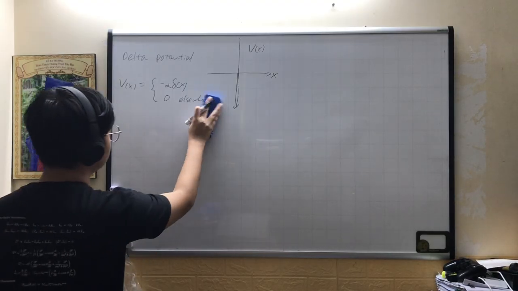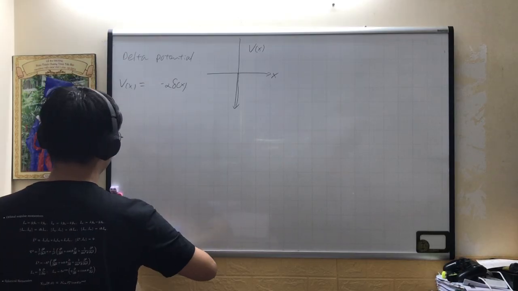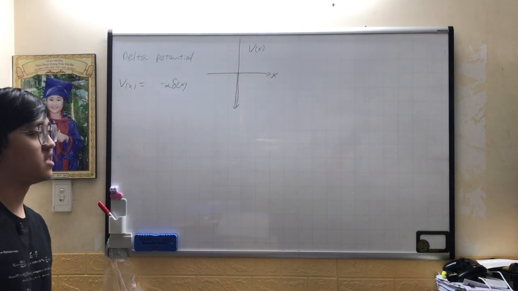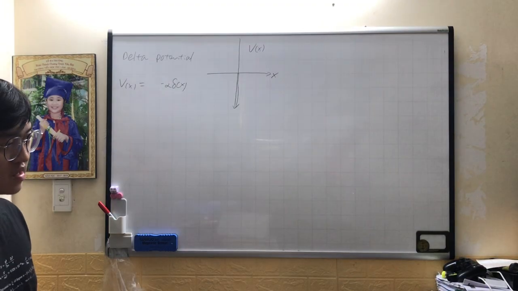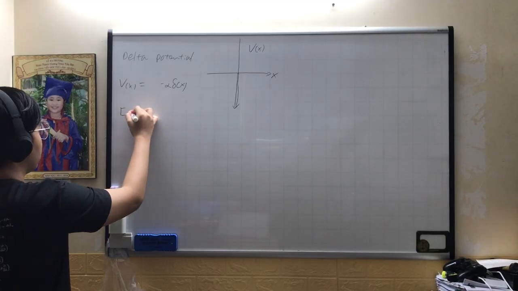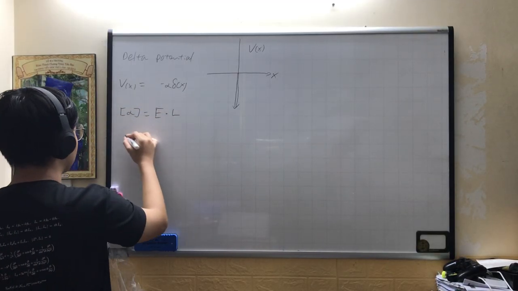Maybe this next part is not important, so I'll just have it like that. Next, you would want to take a look at the unit of this alpha, which is energy times length.